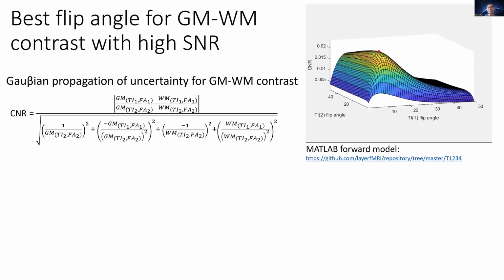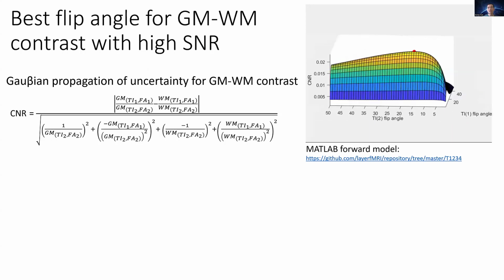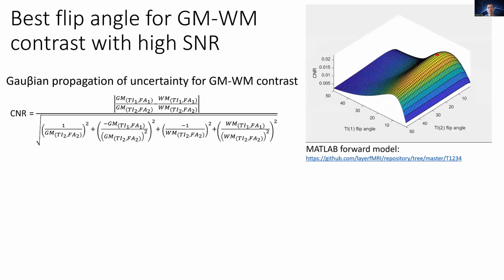Specifically, we predict a combination of flip angles that gives us the best compromise of signal strength, point spread function, noise propagation, and B1 inhomogeneity, to ultimately make the data pushable through FreeSurfer. The red dot represents the maximum of this 3D surface.